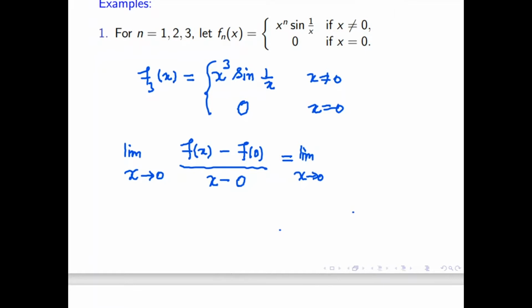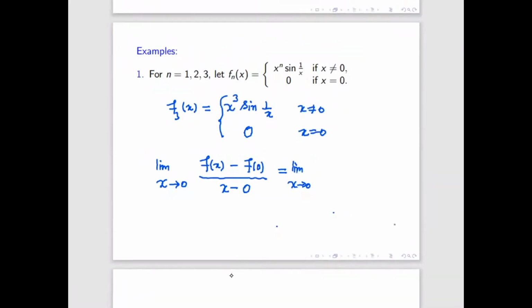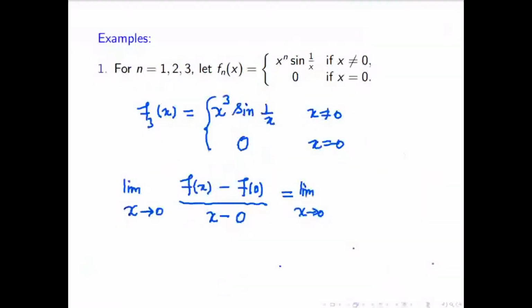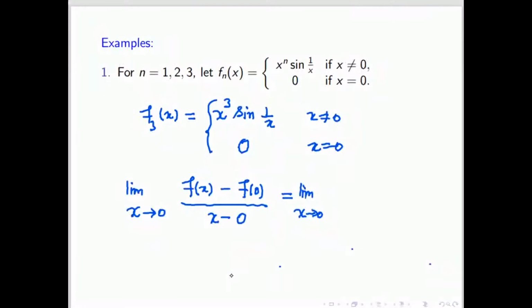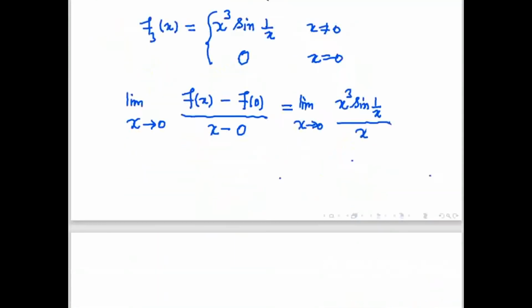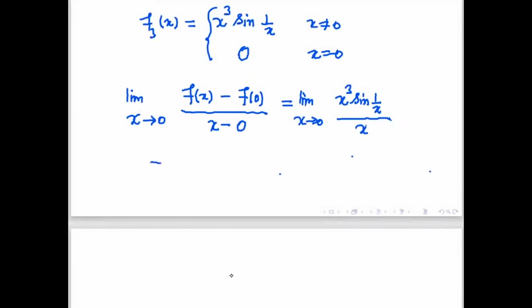As x goes to 0, the value of f(x) is x cube sine 1 by x. f(0) is 0, so I'm not writing it, divided by x. That means to check the differentiability, you have to find the limit as x tends to 0 of x square sine 1 by x.